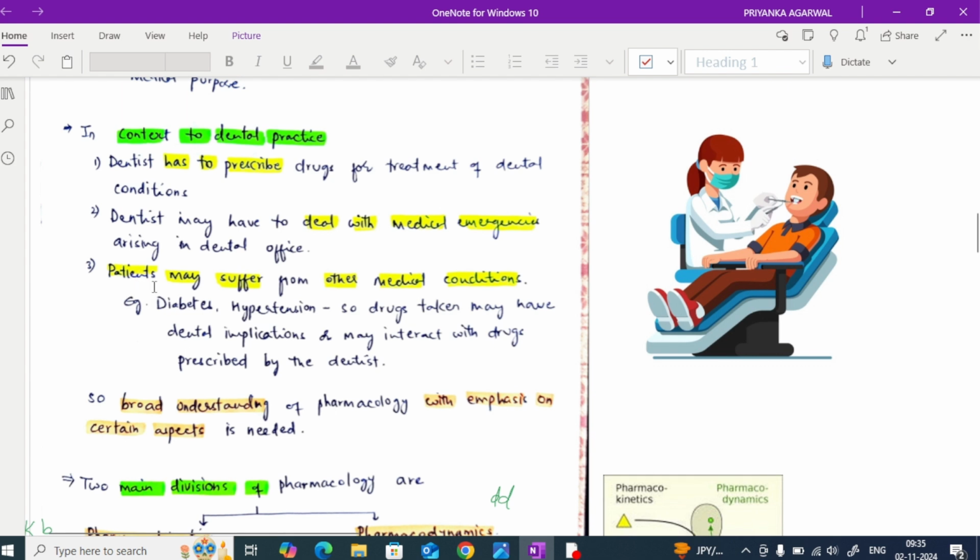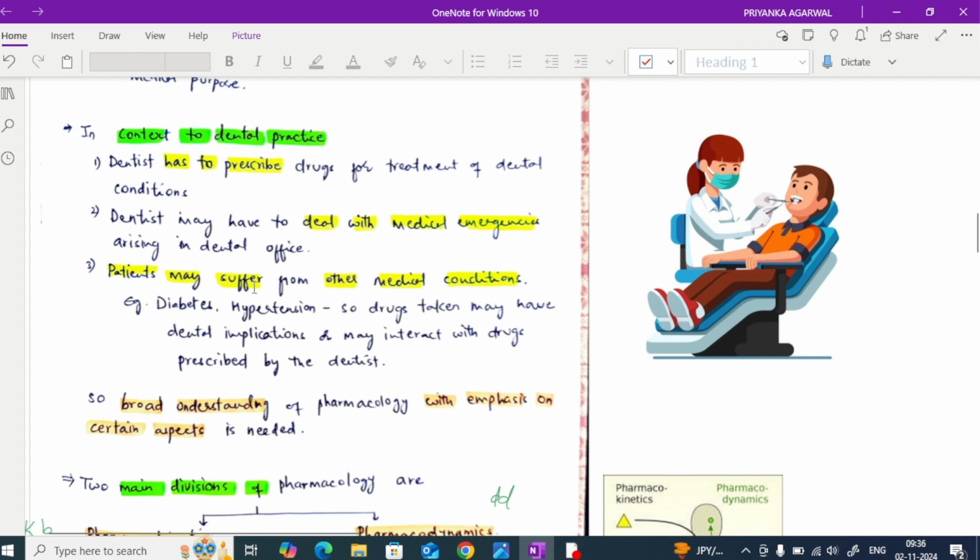Next, a patient visiting the dental clinic can already have medical conditions like diabetes or hypertension. The drugs taken by the patient can have dental implications, or can interact with the drugs prescribed by the dentist. So a broad understanding of pharma with emphasis on certain aspects is needed. This is what we need as a dental practitioner from pharma.